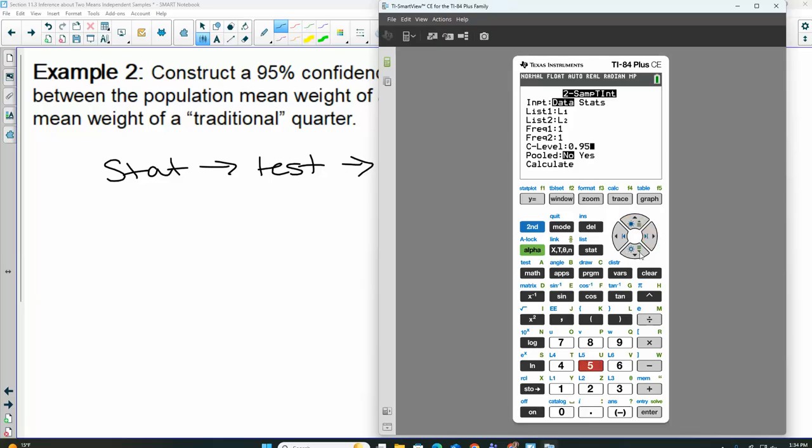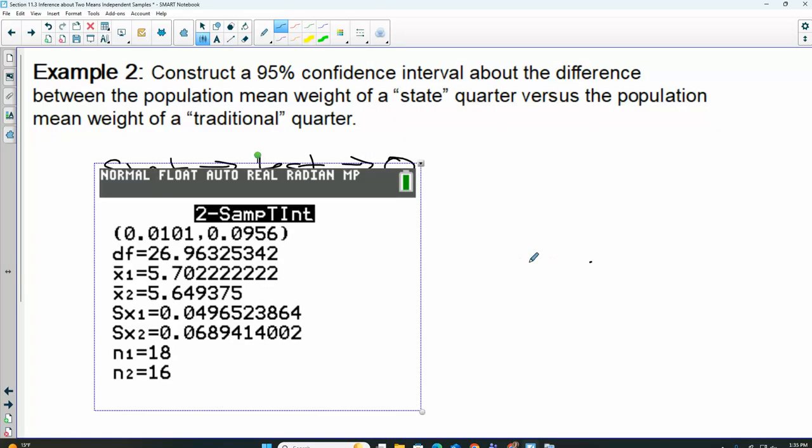What does pooled mean again? Just always set it at no. We aren't doing any pooled data. And if we go down to calculate, we should get what you guys got.